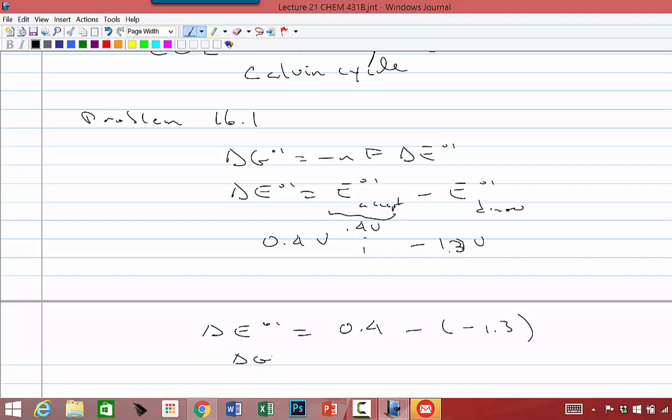Now I have all the information that I need in order to figure this out. And it turns out that it's going to be just one electron that's going to move.